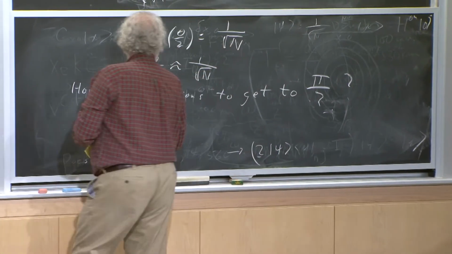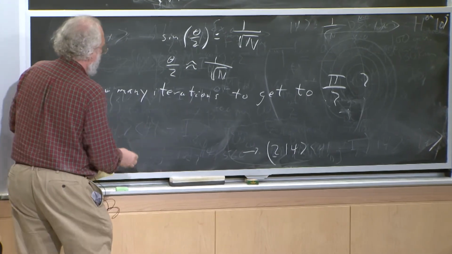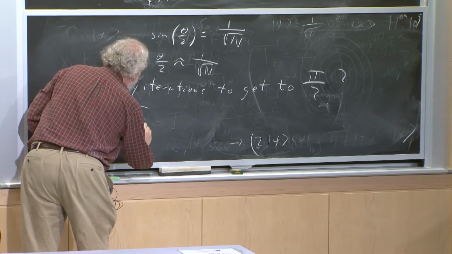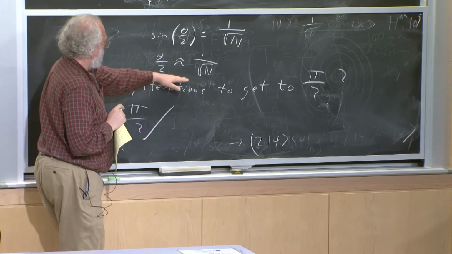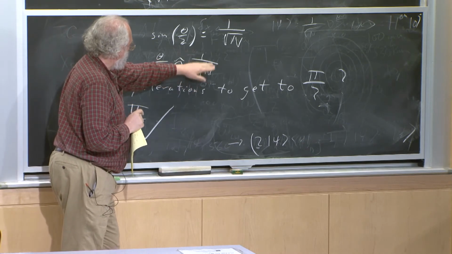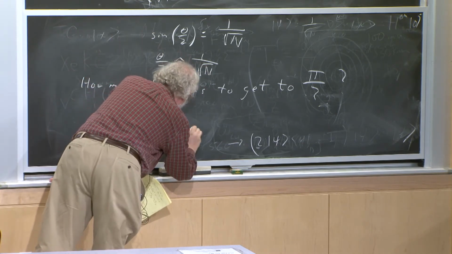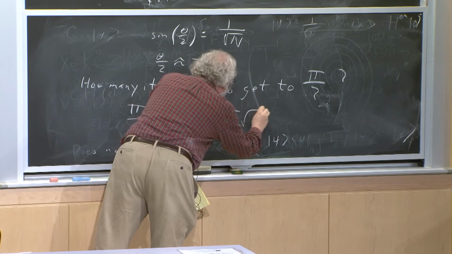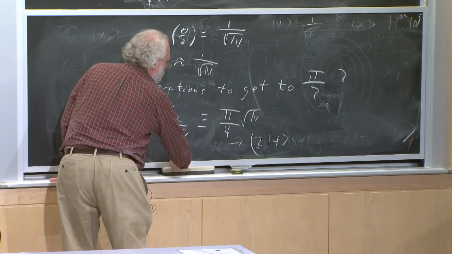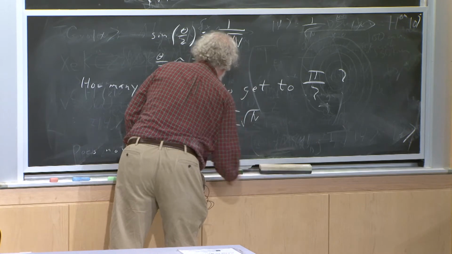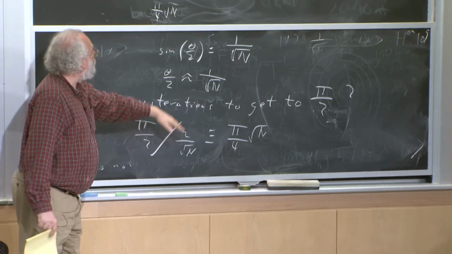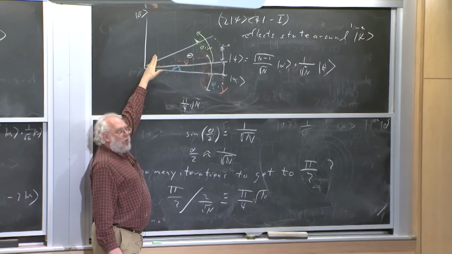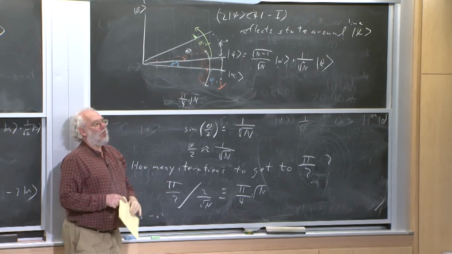Well, it's pi over 2 divided by, well, each of these angles is 2 over root n, which gives pi over 4 times root n. So after pi over 4 times root n of these iterations, we have a quantum state that is very close to beta. And when we measure it, we probably get our marked state.